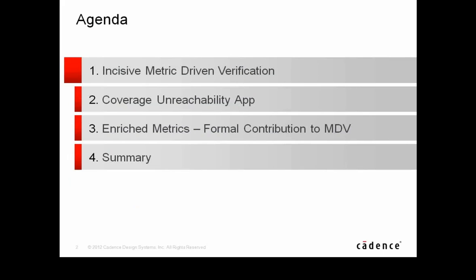I've heard this before from other customers: we spend time and effort doing formal, and most of the time, when we go back, our managers, or whoever is managing the project, want to know what we have done, and they want to see metrics that quantify the effort and results that formal has given. And it's always been a challenge. So with that context, I'd like to talk about what Incisive does and how we handle this.